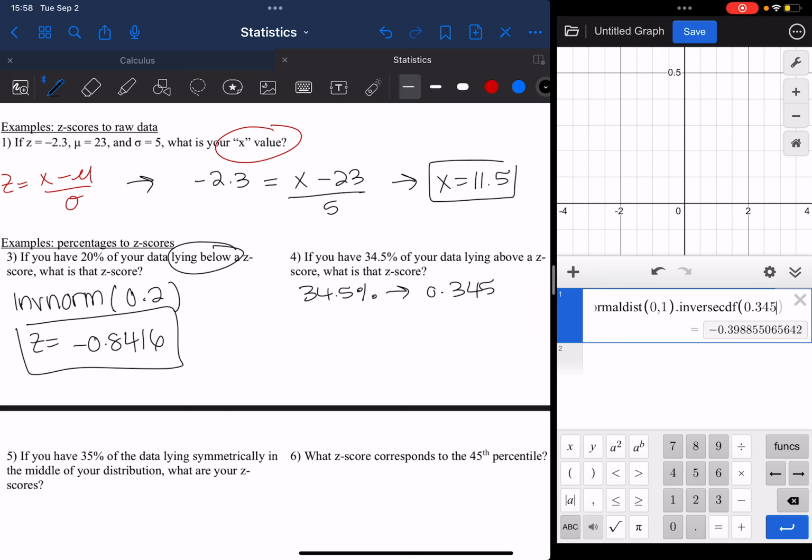Once you turn the percent into a decimal and you plug it into the function, we get our Z-score.